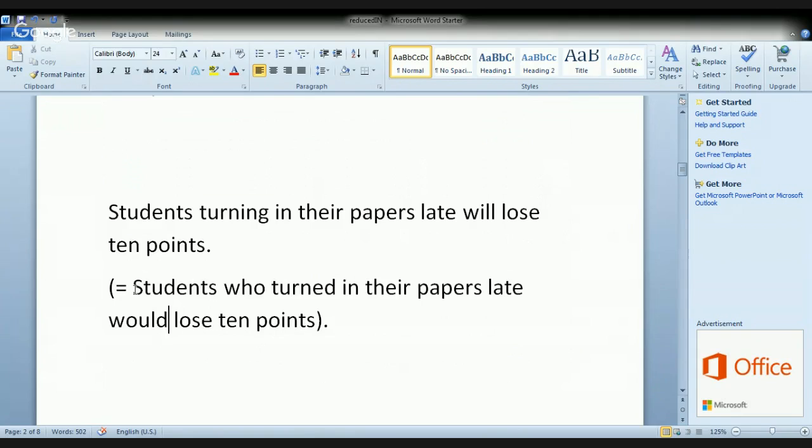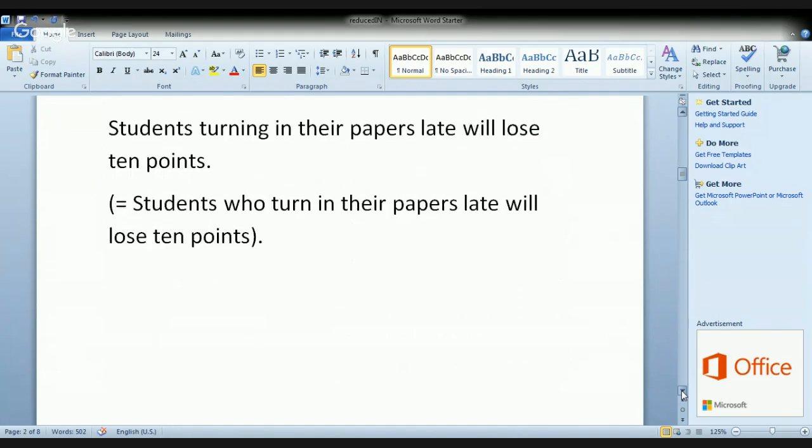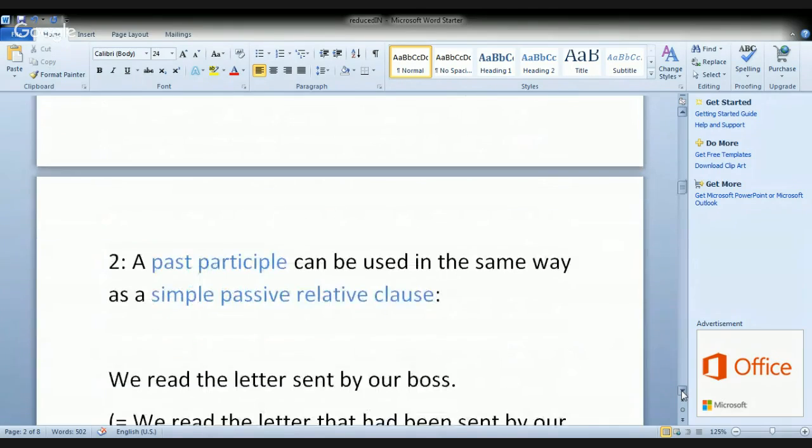They'd say, the teacher told the students, or said to the students, students who turned in their papers late would lose 10 points. So this takes on a different meaning. So let's not go with that. Hey, you have to try things in English, and I'm not perfect either, and everyone can always learn, okay?